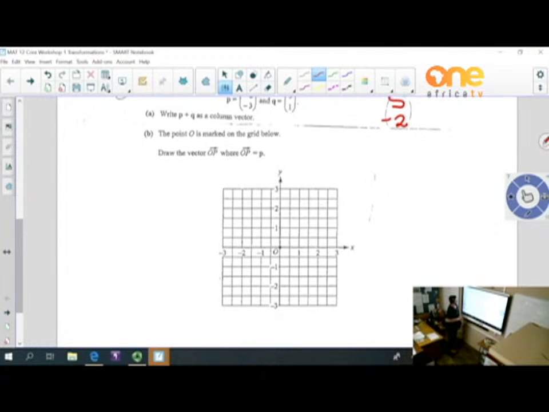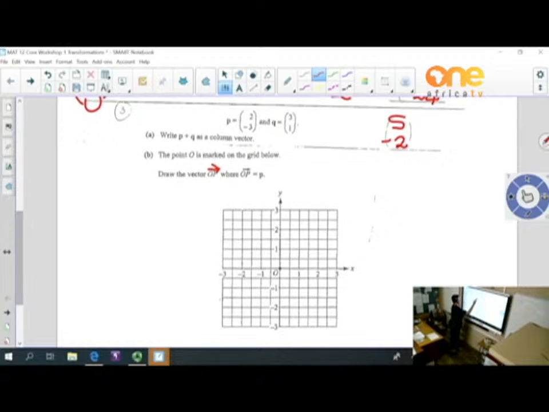The point O is marked on the grid below. Draw the vector OP. Now look at this one. There is a direction from O to P. Now the column vector P was 2, negative 3. So we start here at the origin. Positive 2, remember what we said: if you go to the right, it's positive. If you go to the left, it's negative.